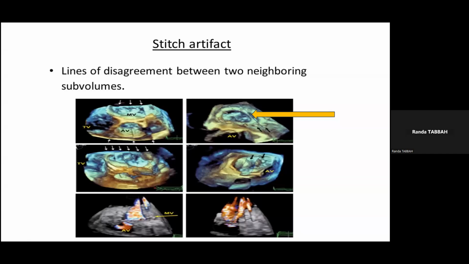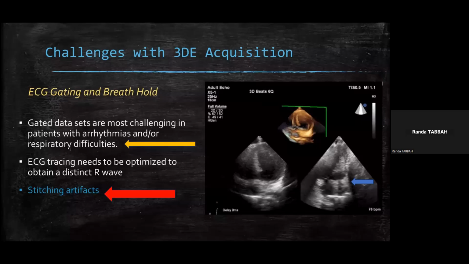We don't have a good optimal image in 3D echo. So we were talking about the stitching artifact. You can see here also the artifact, same as we said before, arrhythmia or respiratory difficulties.